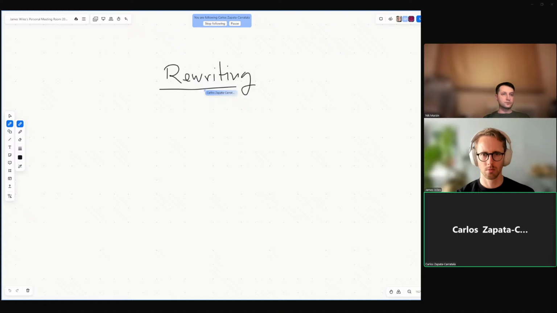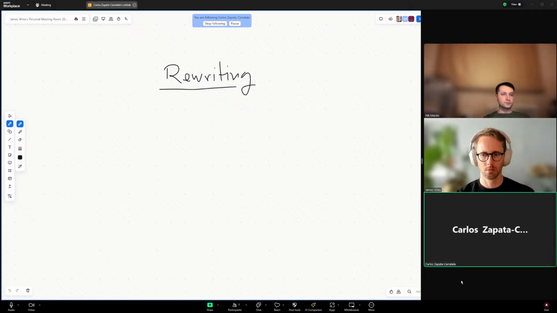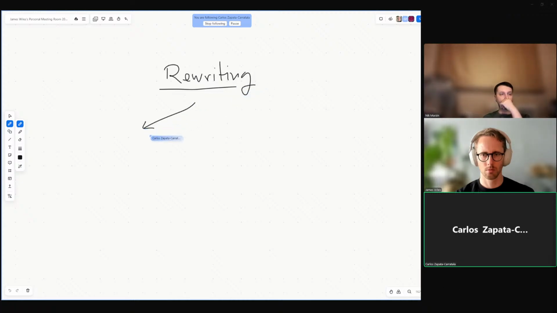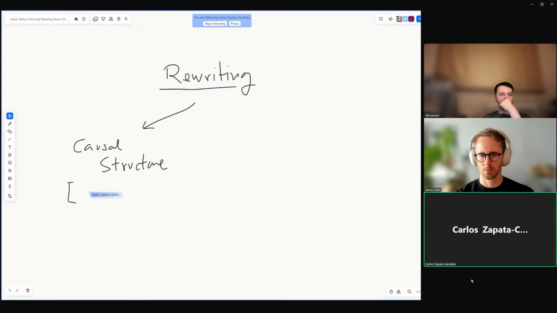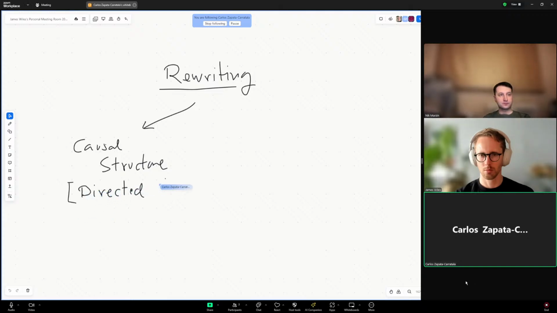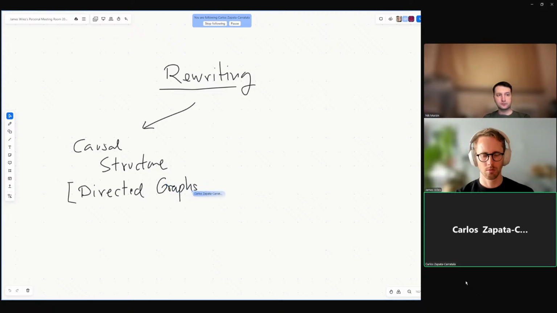There are two ways in which we want to think about rewriting. The first aspect of rewriting is what I'm going to call the causal structure, and I will say in brackets here, directed graphs.